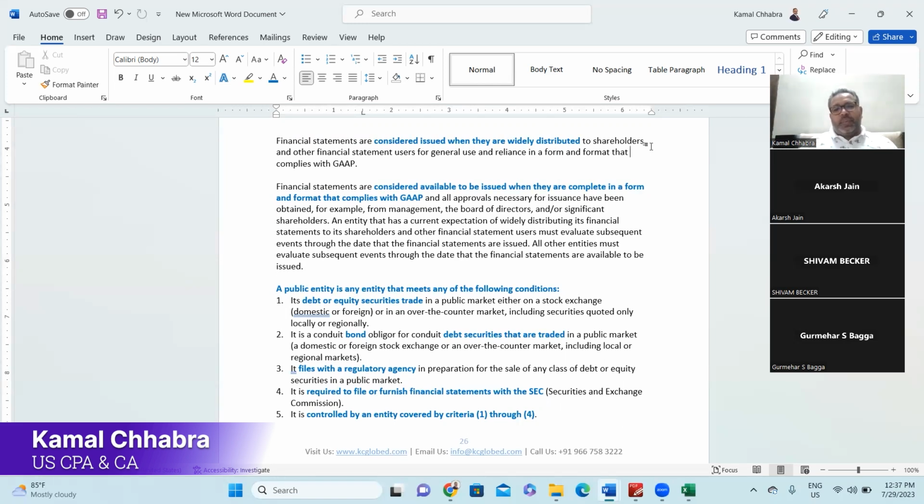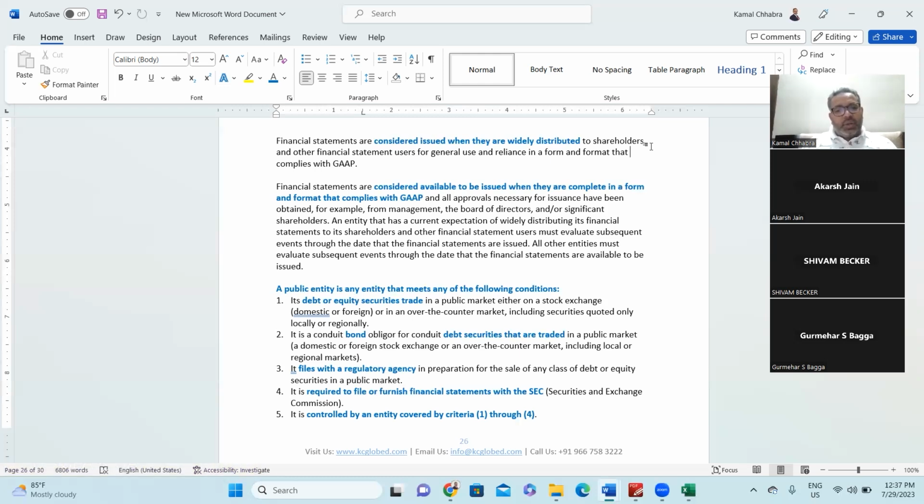That means from the management, which is the board of directors or the significant shareholder, and the auditor. An entity that has a current expectation of widely distributing its financial statements to its shareholders and other users must evaluate subsequent events through the date that the financial statements are issued.